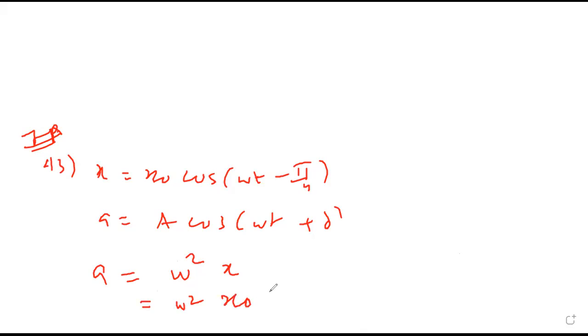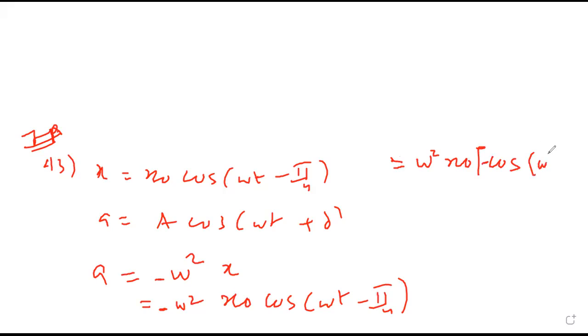X naught cos of omega t minus pi by 4, and here minus comes, no, actually. Yes. So if you compare, what will be A? Now look, I take this minus inside. So this will become omega squared x naught cos of omega t minus pi by 4.